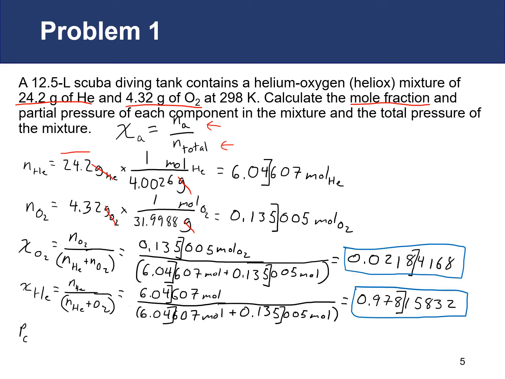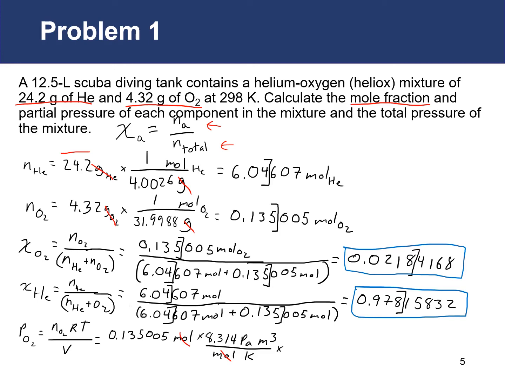So the pressure for oxygen is equal to the number of moles of oxygen times RT over V. So we'll have this being equal to 0.135005 moles times R, which is 8.314 Pascal meter cubed per mole Kelvin. Okay, our moles are going to cancel out.